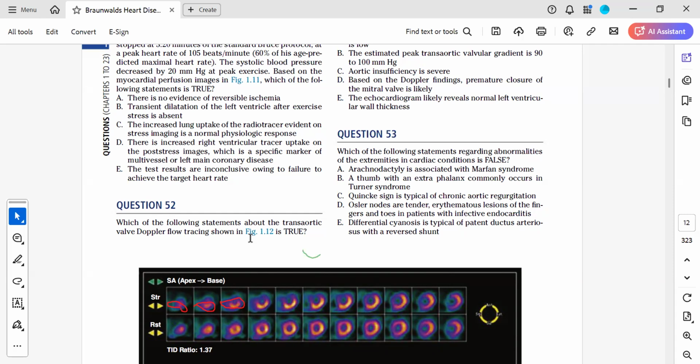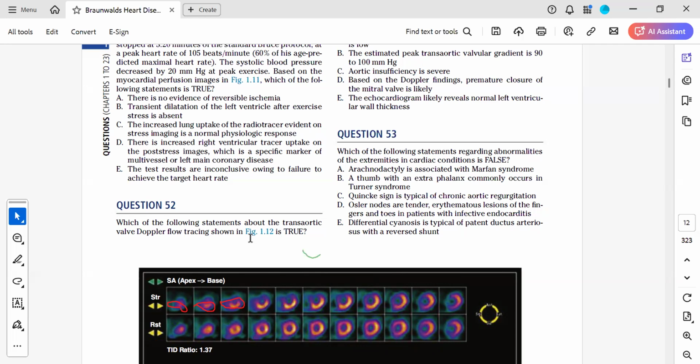Then, the test results are inconclusive owing to the failure to achieve target heart rate. This is false because it's not just that the patient didn't meet the criteria. The chronotropic defect is a marker of a positive stress test.